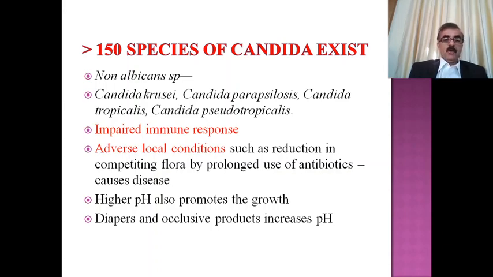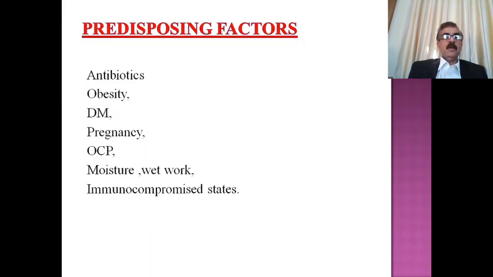Again, if the pH of the involved skin or mucous membrane is high, that means it is alkaline, it also promotes growth of candida. Then use of diapers and occlusive undergarments also increases pH of the skin or mucous membranes, so it causes more growth of candida.